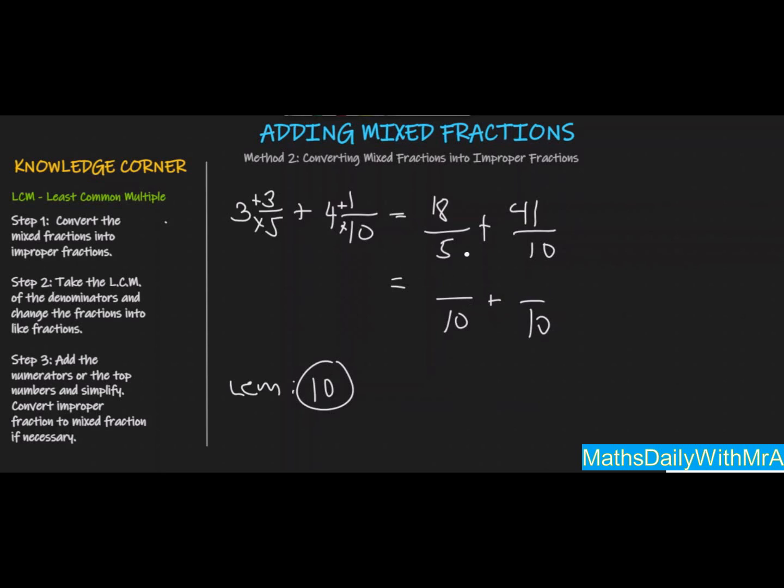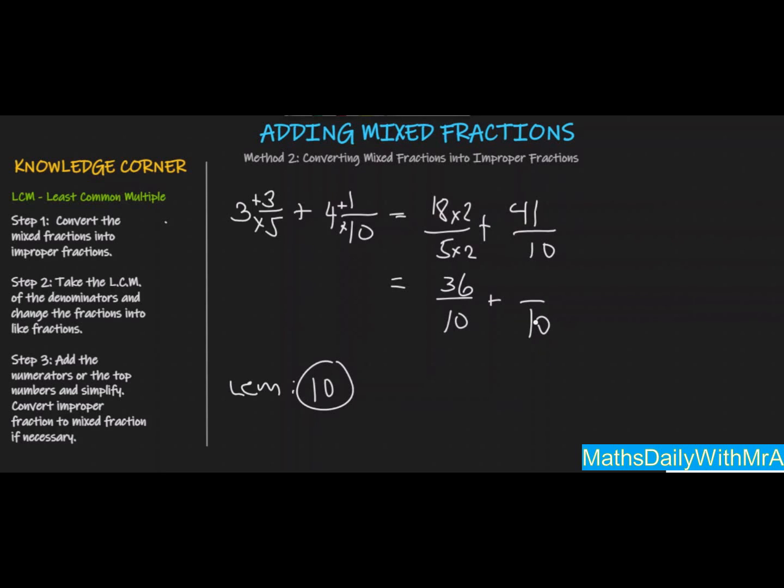If you still remember, we multiplied 5 times 2, which give us 10. And the rule of thumb, once again, whatever we do with the denominator, you have to do the same with the numerator. So we need to multiply 18 by 2. 18 times 2 is 36.